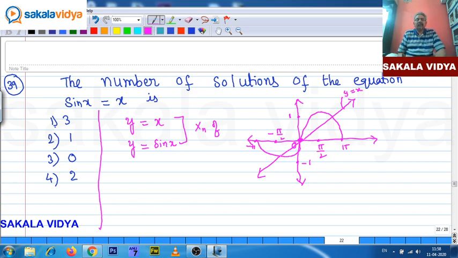Now see how many intersection points there are here. This is 1, 2, 3. So the number of solutions is 3. So the first option is the right option. Okay. Thank you one and all. Bye bye. See you. Stay at home. Stay safe. Thank you one and all.